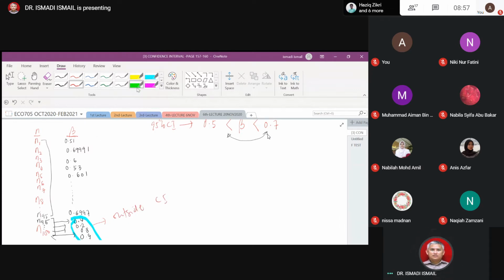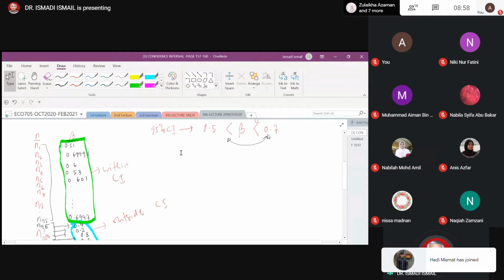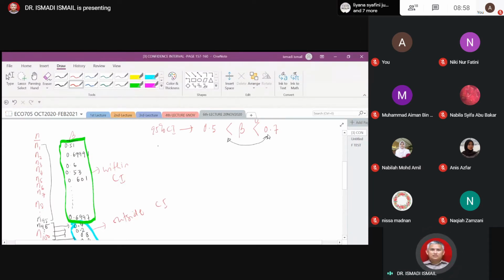For the others, the values will lie within the confidence interval. So 95% here is referring to 95 out of 100 cases where the true coefficient will lie between 0.5 and 0.7.